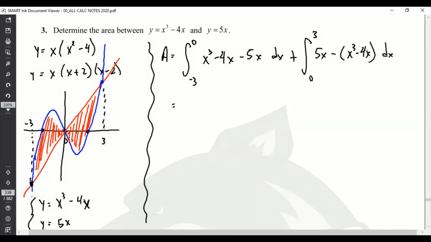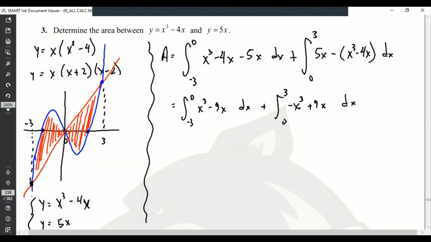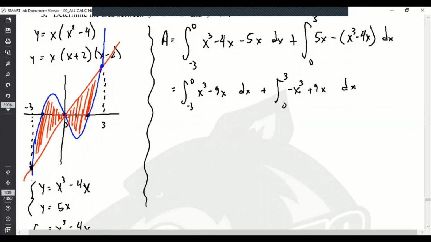This ends up being equal to the integral from -3 to 0 of x cubed minus 9x dx, plus from 0 to 3 of -x cubed plus 9x dx. Probably shouldn't surprise us that it looks like these are going to be equal in area. This thing has some symmetry. These are both odd symmetry, both these functions.